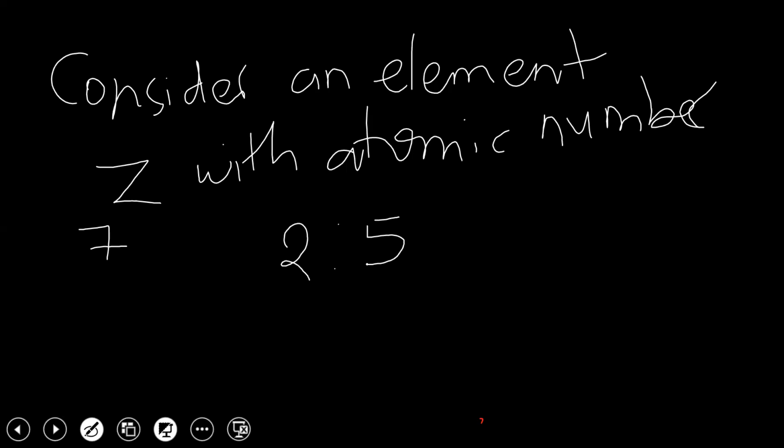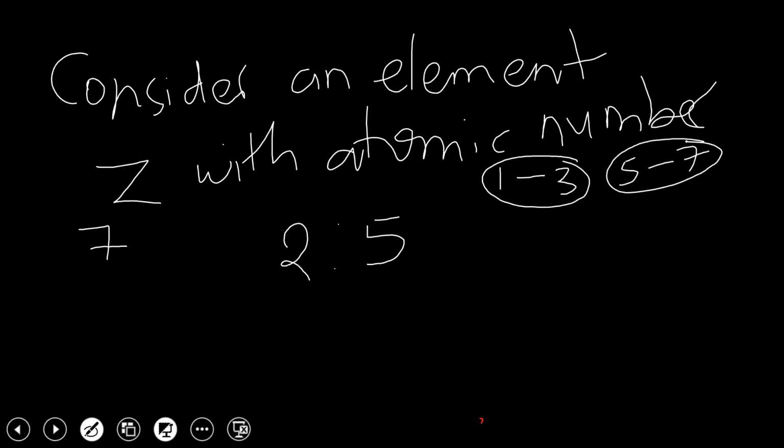Now these electrons, when they are ending in 1 to 3, they are just lost because it is very easy to lose these electrons. Then from 5 to 7, these ones they just gain. So it means this element, to gain a stable configuration of 2,8, because these are the stable configuration we have, it is going to gain 3 electrons.